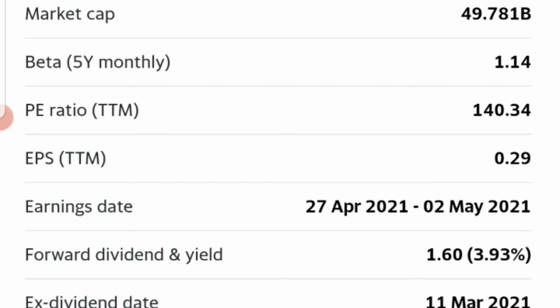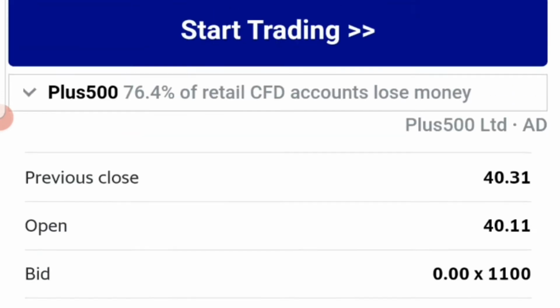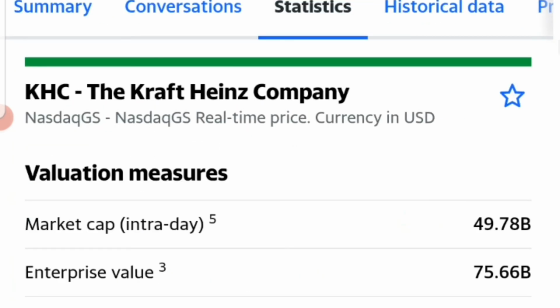You'll see, even though the PE ratio is high, it pays a stable dividend of 3.93%, and is a $49.7 billion market cap. Now the market cap, you see, against the enterprise value is 75.6 billion, so it's undervalued.